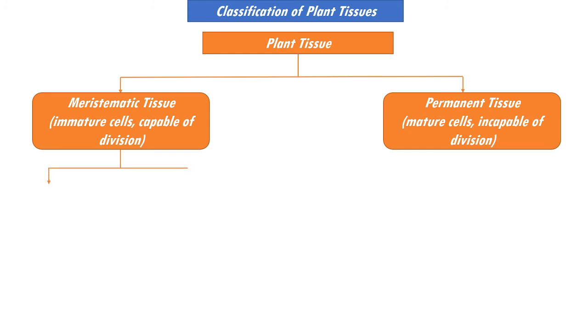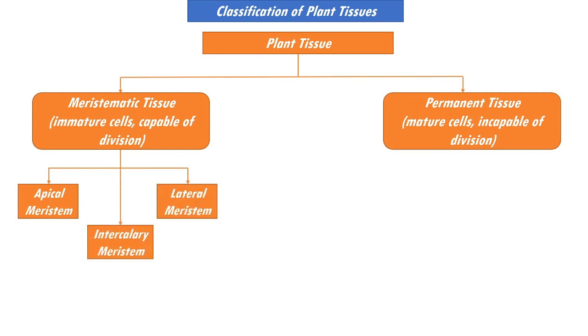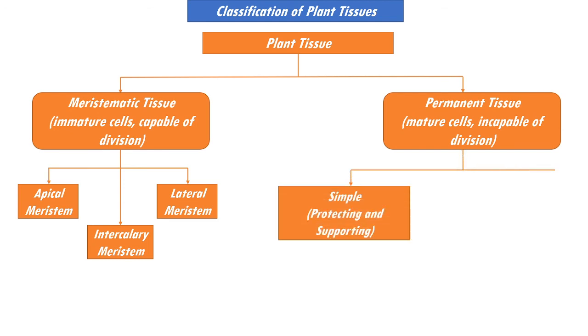Meristematic tissues are of three types, apical meristem, lateral meristem and intercalary meristem, whereas permanent tissues are of three types, protective tissues, supporting tissues and conducting tissues.